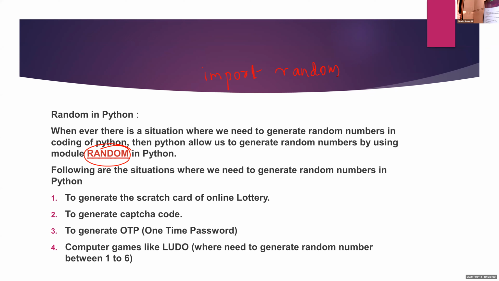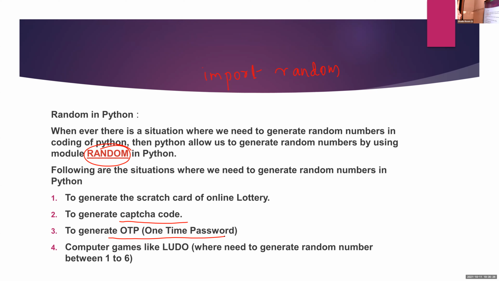Following are the situations where we need to generate random numbers in Python. It is not an important thing, you just copy. That is to generate the scratch card of an online lottery or to generate CAPTCHA code, and also for generating OTP. First time the OTP is one number, and next time when we generate one OTP, the number is different.